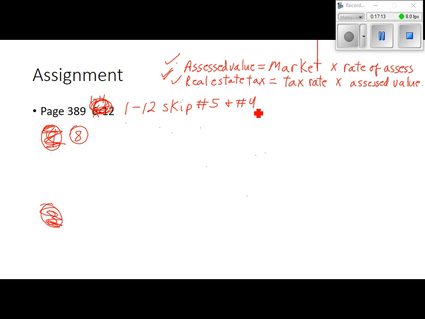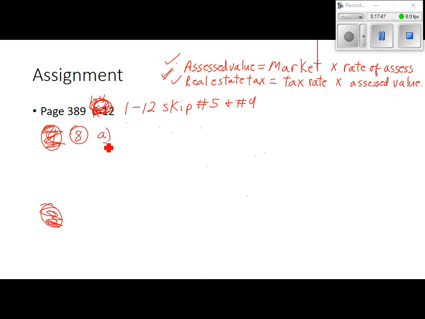Number 8, Brenda's home is located in Columbus, Ohio, where the rate of assessment is 35% of the market value. The tax rate is $59.56 per thousand, so that's just in mills, but they give it to you in dollars. If her home has a market value of $392,000, what are the assessed value and the property tax?